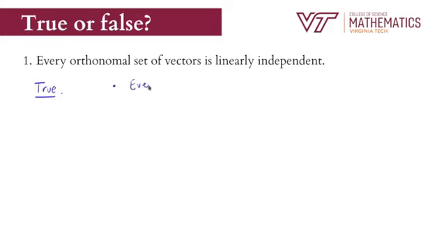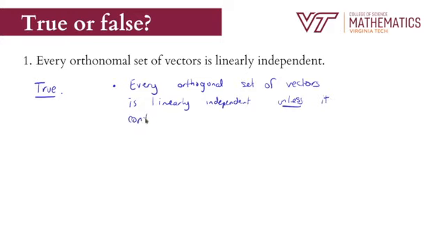Every orthogonal set of vectors is linearly independent, unless it contains the zero vector.